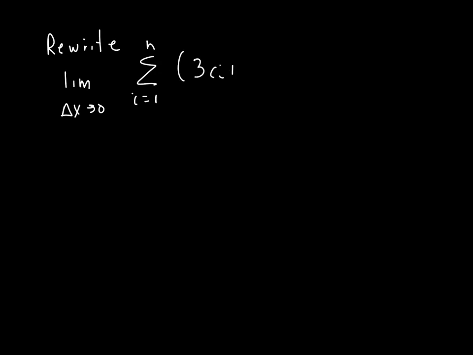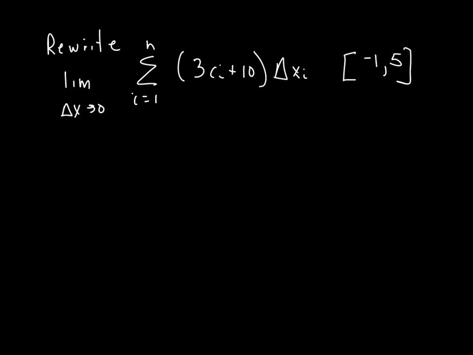The reverse of this is much less work. So we're going to rewrite the limit when delta x goes to 0 of the summation of i going from 1 to n of 3c of i plus 10, all times delta x of i, over the interval from -1 to 5.